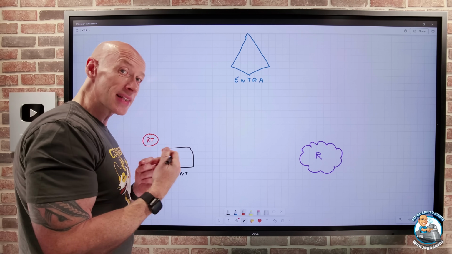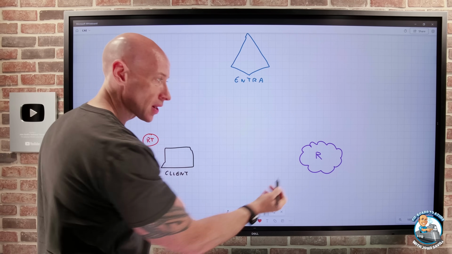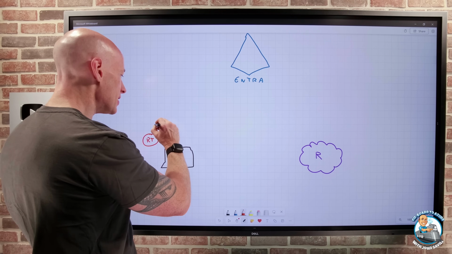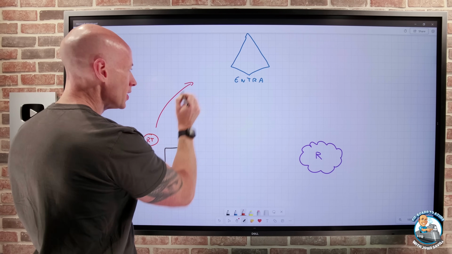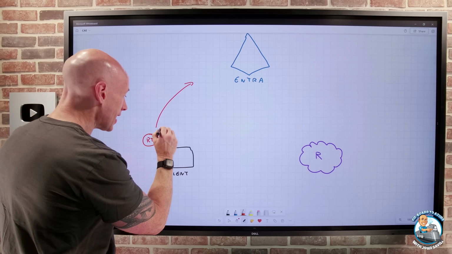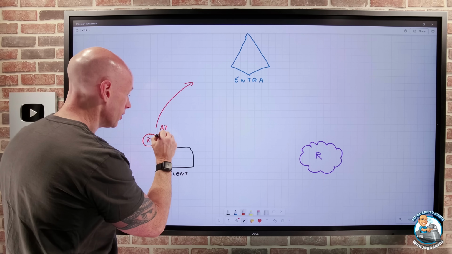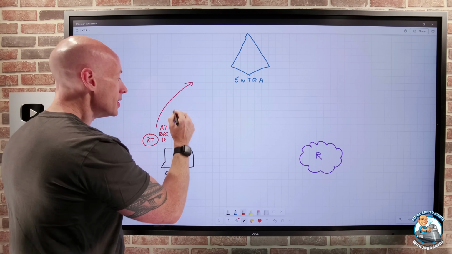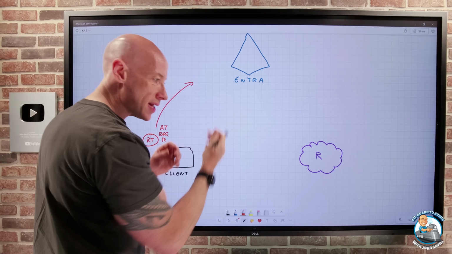And what I want is to get an access token for this particular resource. So I send my refresh token to Entra with a request: hey, I would like an access token for this resource.